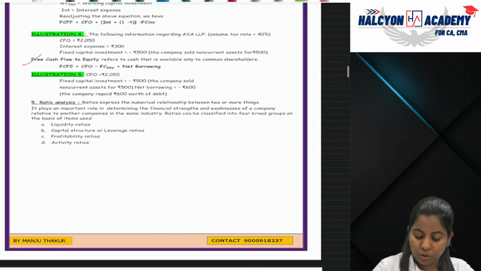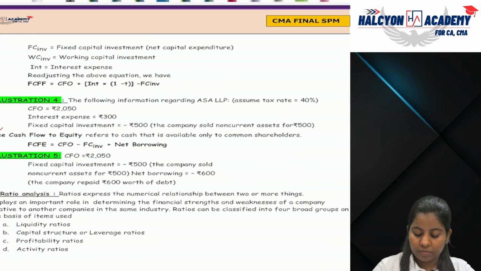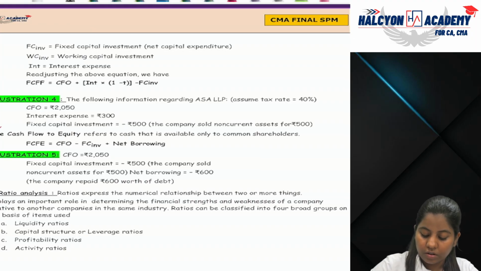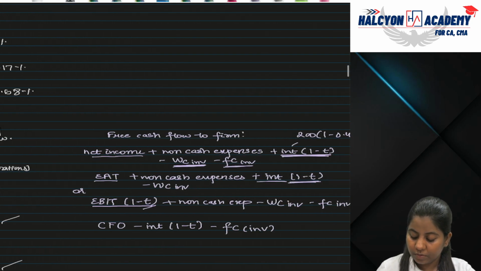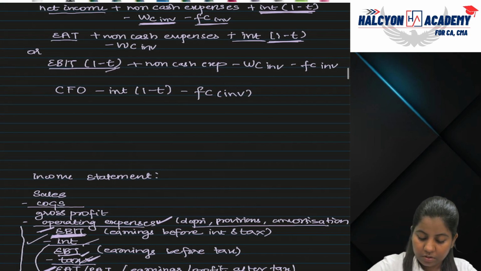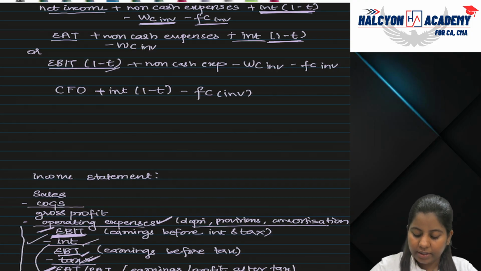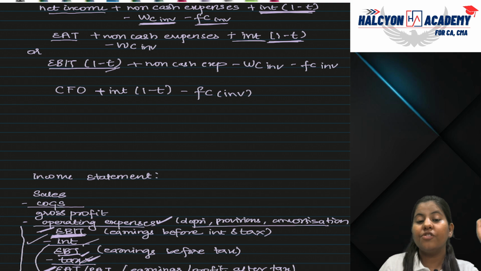Here also it is given CFO plus interest net of tax minus fixed capital investment. Sorry, here it will be plus. It is CFO plus interest 1 minus tax.